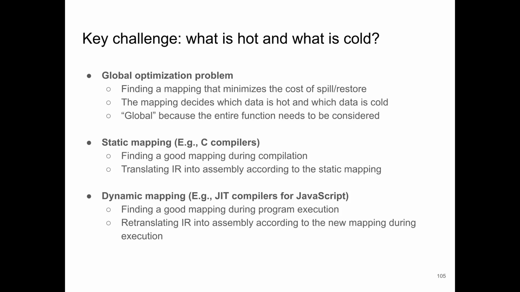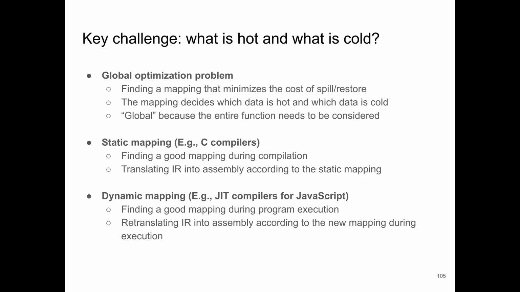On the other hand, there is a technique called dynamic mapping. This is usually employed by just-in-time compilers for JavaScript. A just-in-time compiler is one where, if you're given a source program like JavaScript, you are compiling and executing at the same time. That is usually called just-in-time, or JIT, compilers.